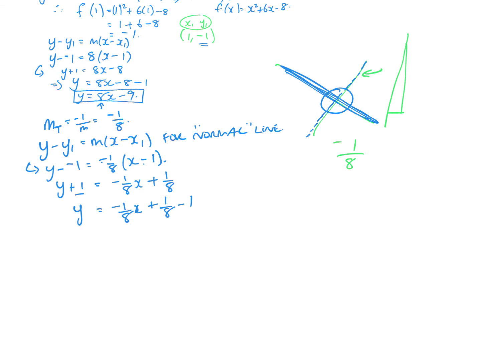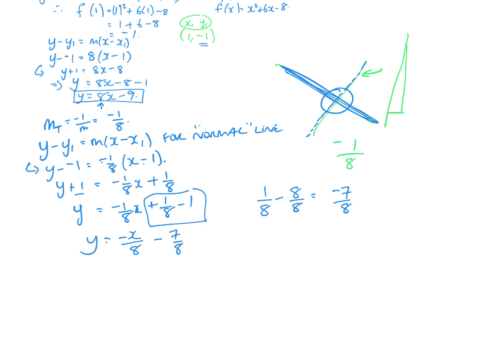So the first part of it, I'm just going to put -x/8. I think that's okay to make it just a wee bit tidier. And 1/8 minus 1, I'm just going to do some fraction arithmetic here. So 1/8 minus 1 is the same as 1/8 minus 8/8, which we can calculate as a single fraction of -7/8, so it's -7/8.